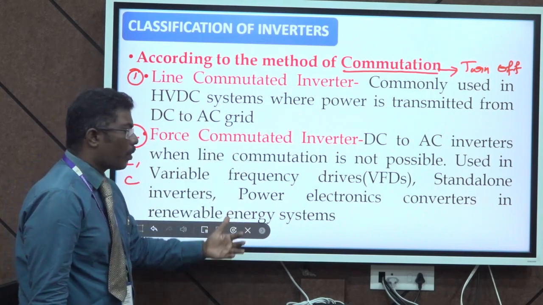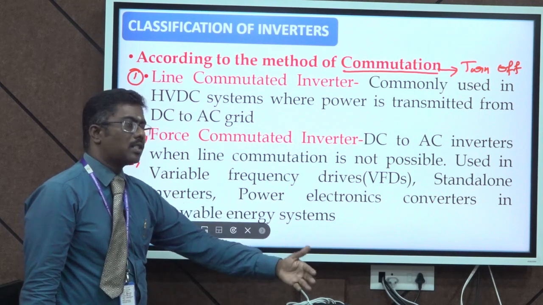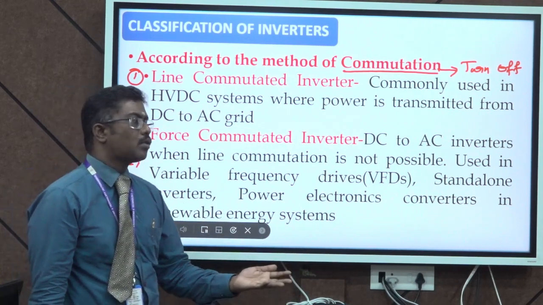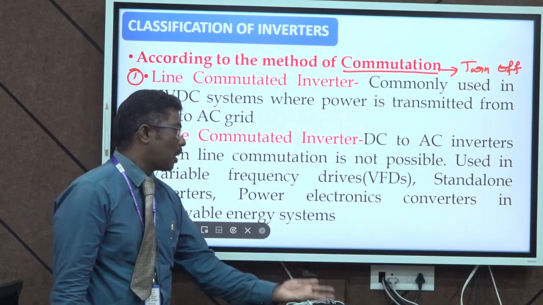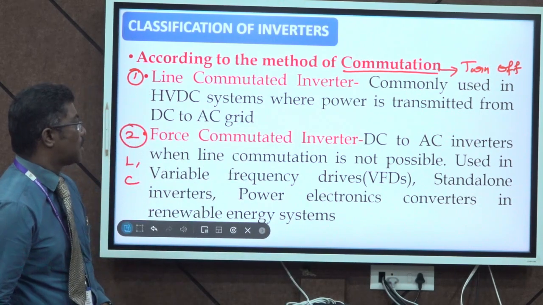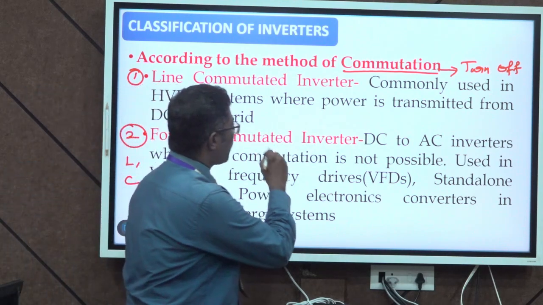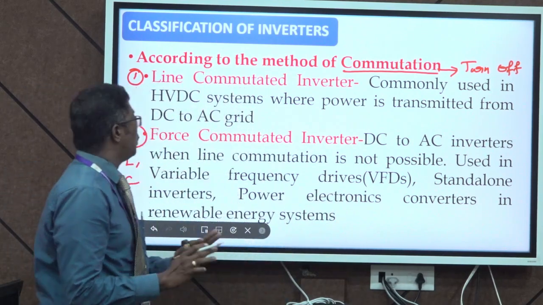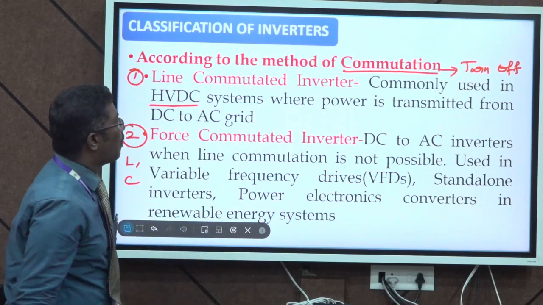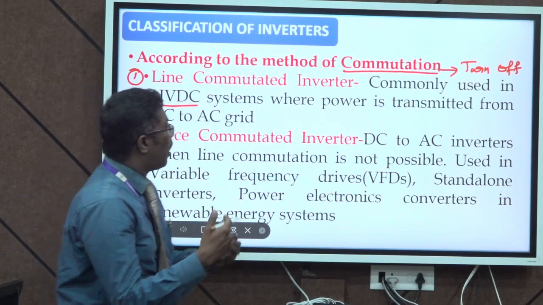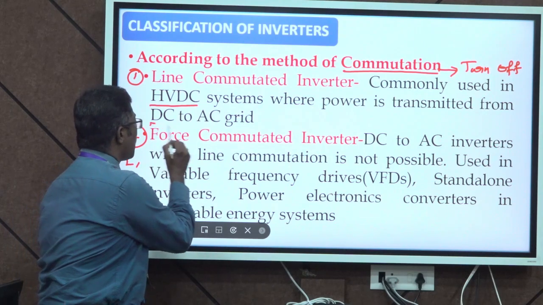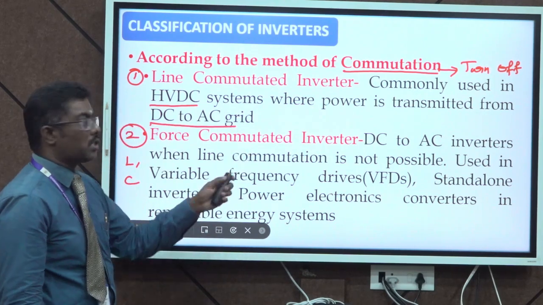Whereas if we employ other components like L and C to make the switching device turn off, then that type of inverter is said to be a forced commutated inverter. Line commutated inverters are commonly used in HVDC systems, that is high voltage DC systems, where power is transmitted from DC to the AC grid, so a DC to AC conversion process is involved.